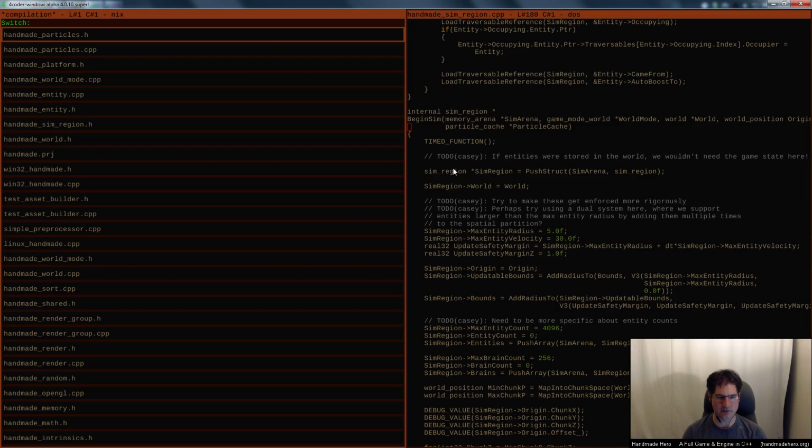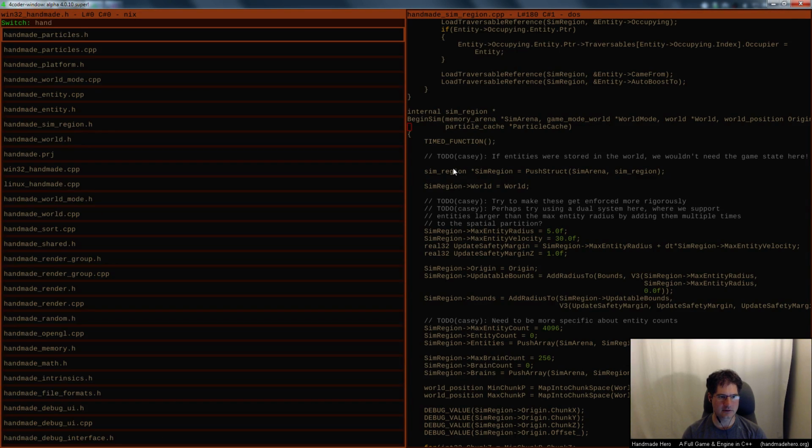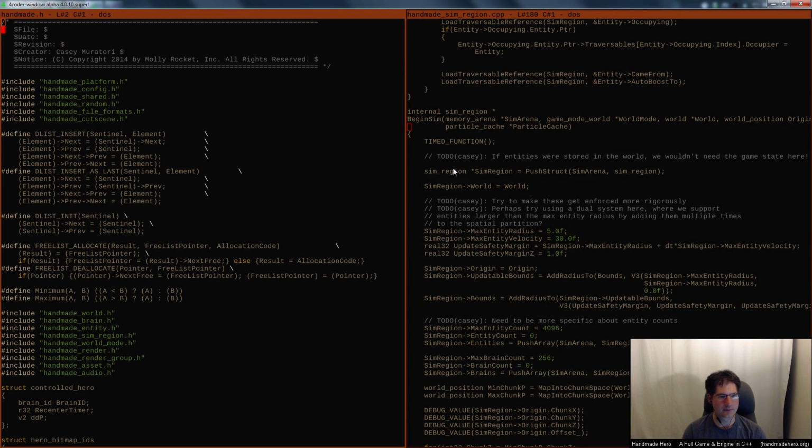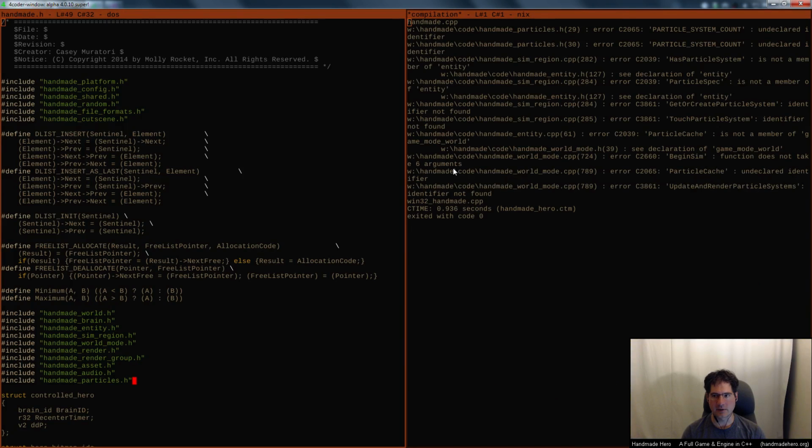And I also need to include these things because I haven't included them yet. So if I go to handmade.h, oops, that's not handmade.h. Oh, there we go. What I want to do is include the particle systems. So now we've got them.